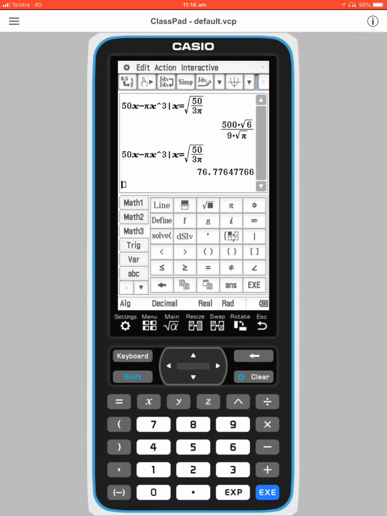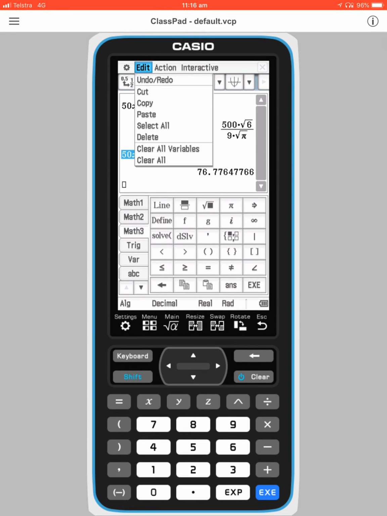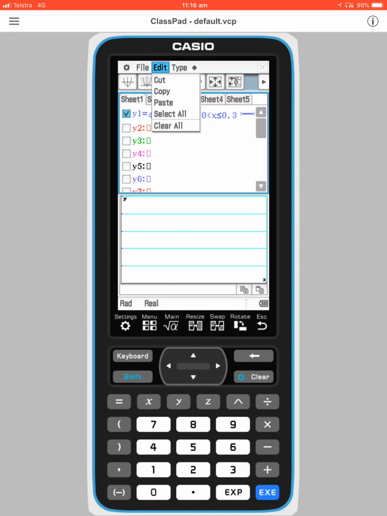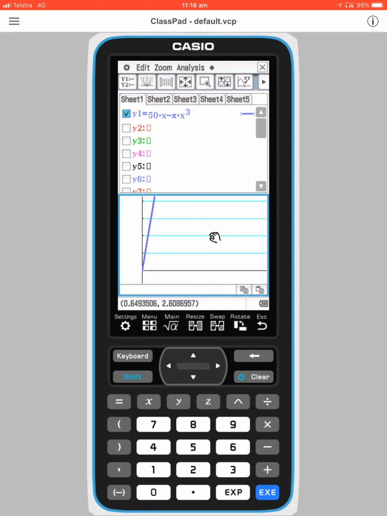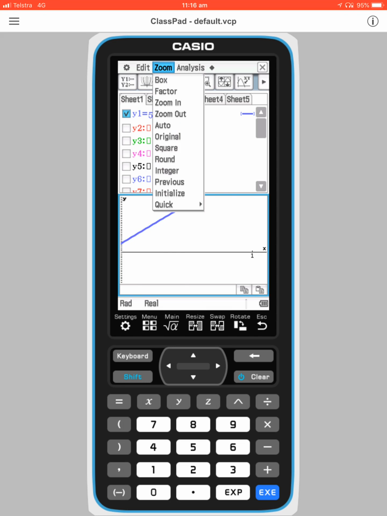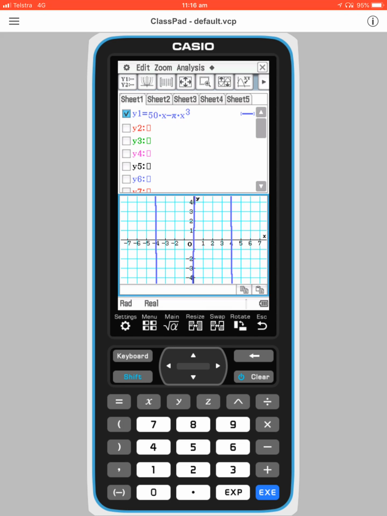Now it says, if the canister's radius can at most be 2. So let's go and graph this function everywhere. So clear that, paste it, tick it. Zoom auto. Doesn't really give us a graph, does it? Let's go initialize. Oh, so it looks like it happens between 0 and 4.